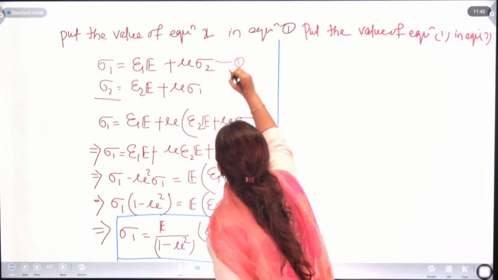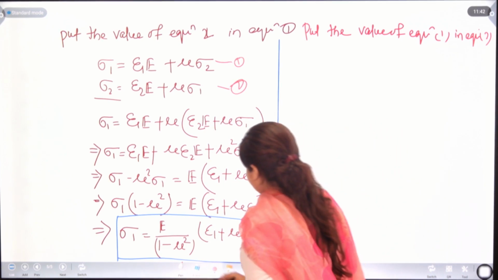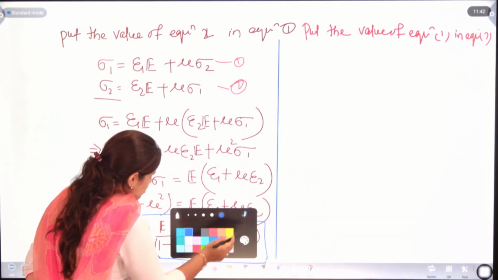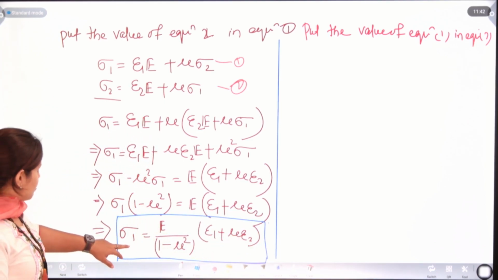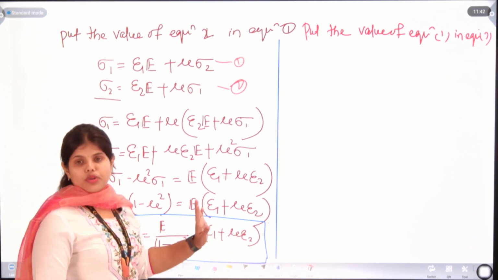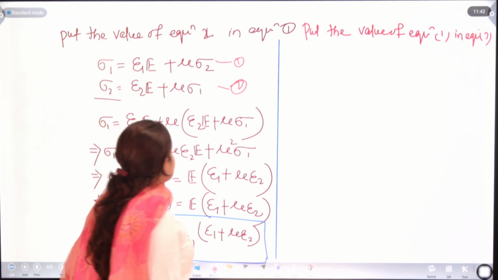Here we have equation 1 and 2. Solving it is not necessary, but you can put the values like sigma 2 is equal to E by 1 minus mu square, epsilon 2 plus mu into epsilon 1. But let's solve it and check if it is correct or not.